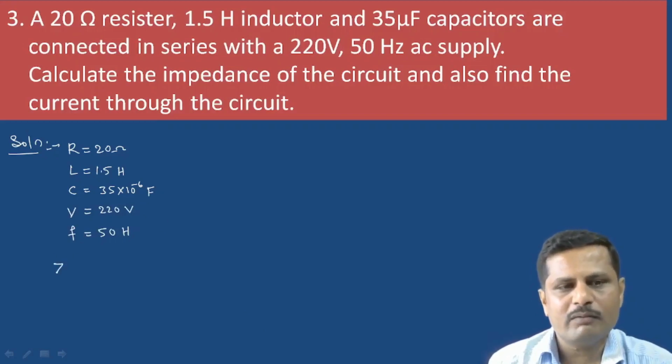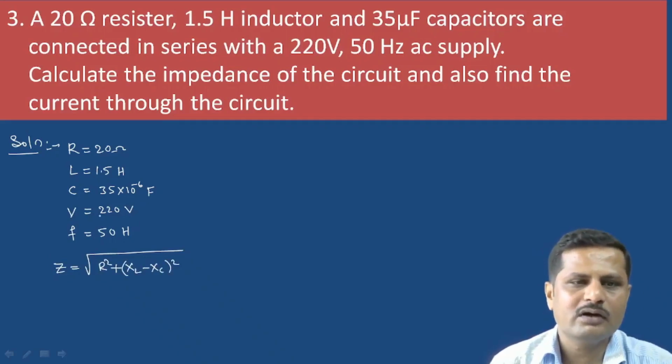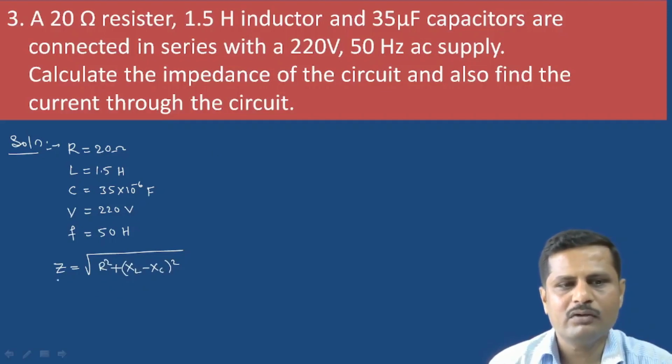We have a formula for impedance, that is impedance Z is equal to the square root of R square plus XL minus XC whole square. Here we have R in the given data, but XL and XC we need to find out. So let me find XL first, that is XL equals 2 pi FL.